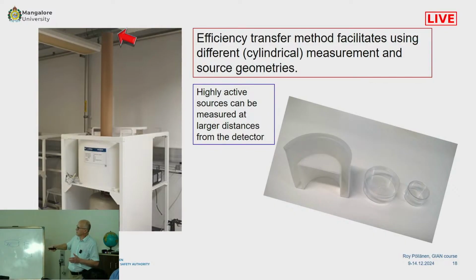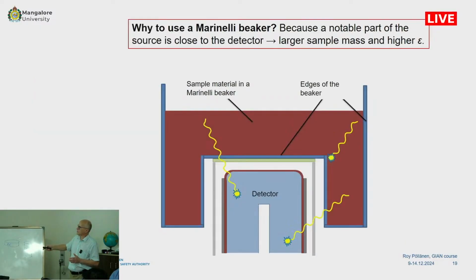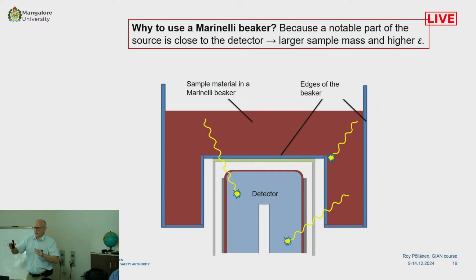Regarding this beaker type, it's a so-called Marinelli beaker. Why are we using those kinds of beakers? Any ideas? We want to have as high efficiency as possible, but we also want the mass of the sample to be as large as possible. So we try to put all the material as close as possible to the detector.